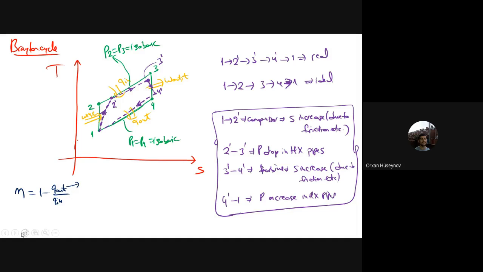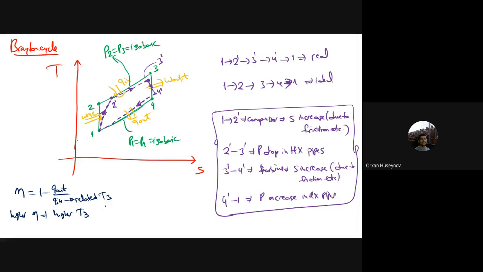Before, on the Q in part, which is this one, this Q in part is related to the temperature increase, which is T3. Here you will have the temperature increase from 2 to 3. Therefore, more efficiency means that you have higher temperature. So for higher eta, you will have higher temperature, T3.